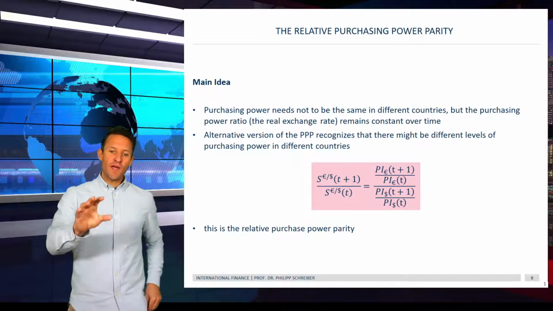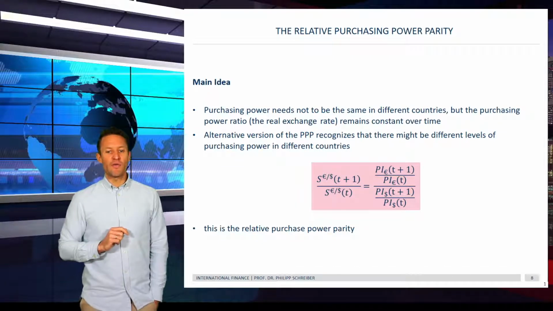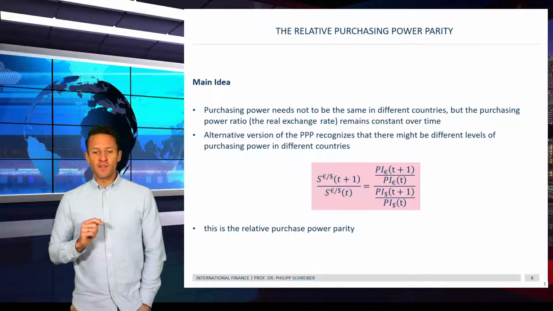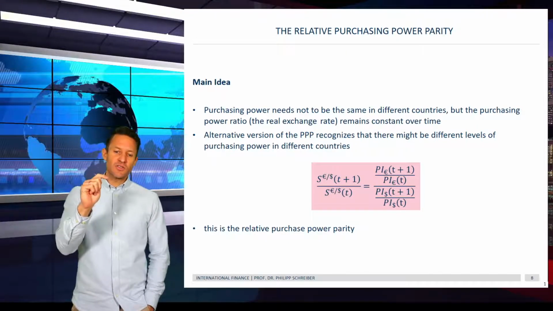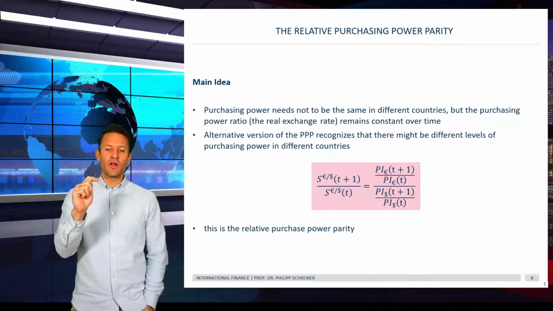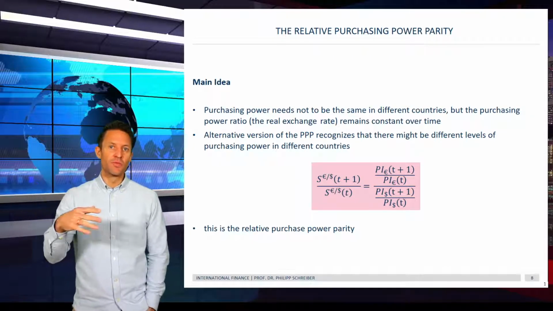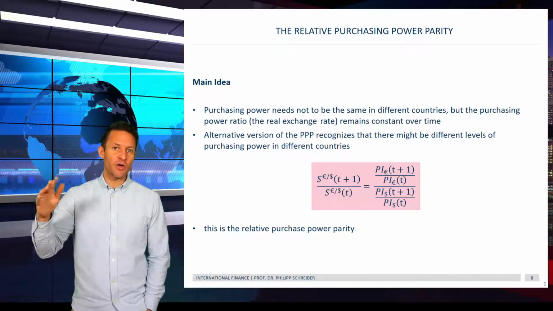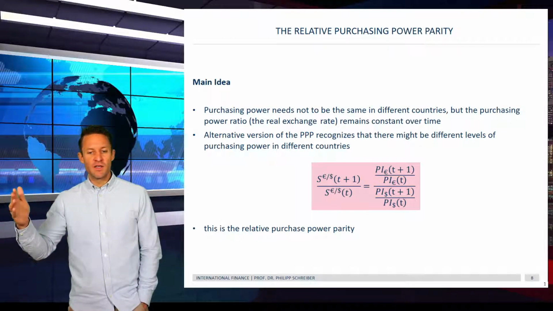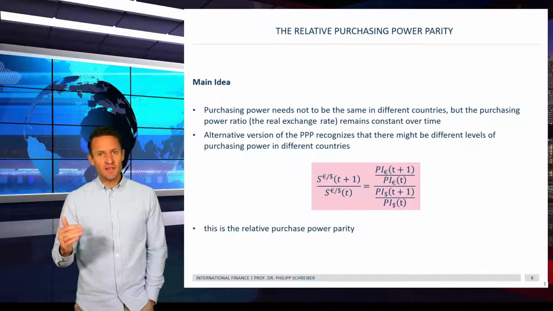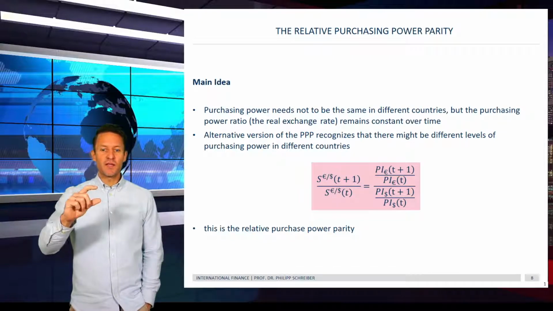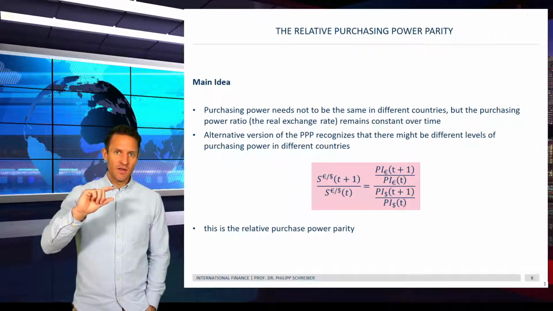What does it mean? We have this pink box here where we have a formula. The formula says the exchange rate from euro to dollar next year, so let's say t+1 is next year, or could be next day, next minute, next second, whatever. So next period divided by today's exchange rate. So basically what we have here is the change.